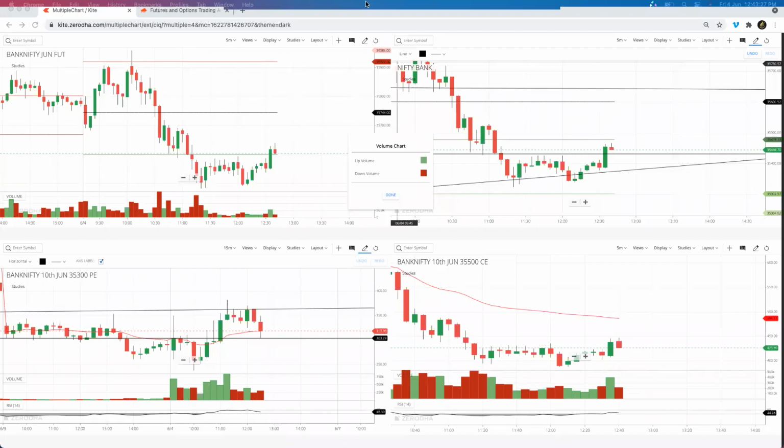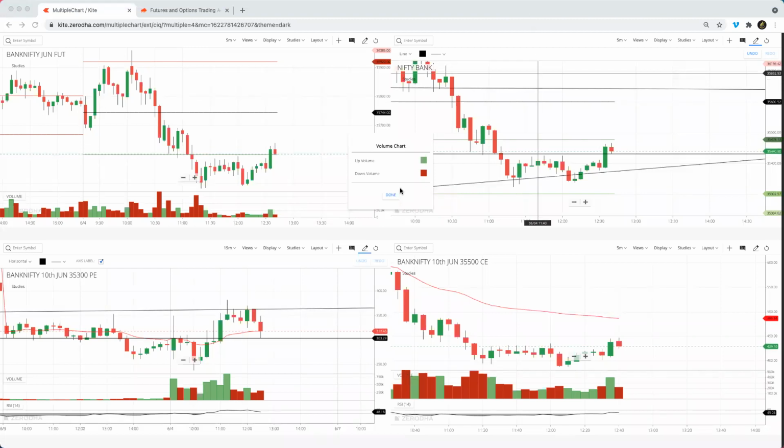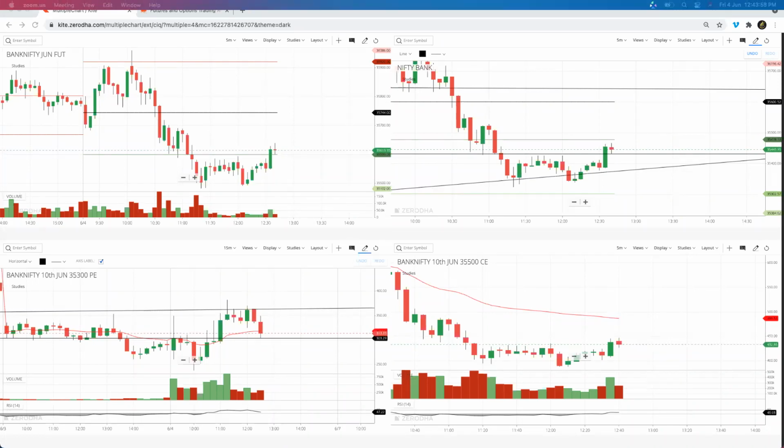So today it's going to be very interesting. I am expecting a good move in either direction. This level can be taken out further, and we'll go for a flip position.